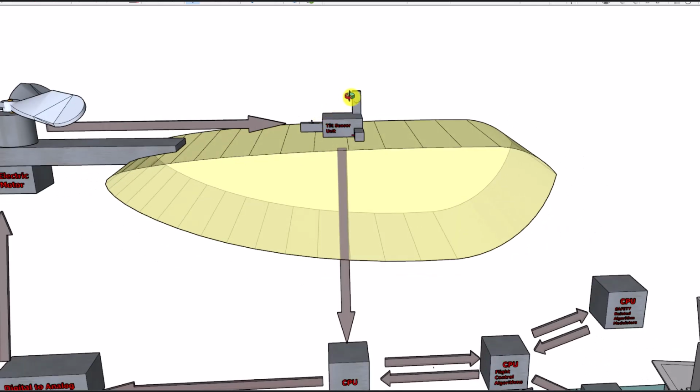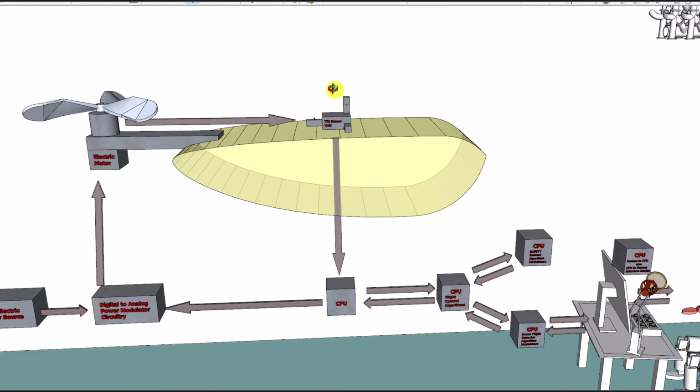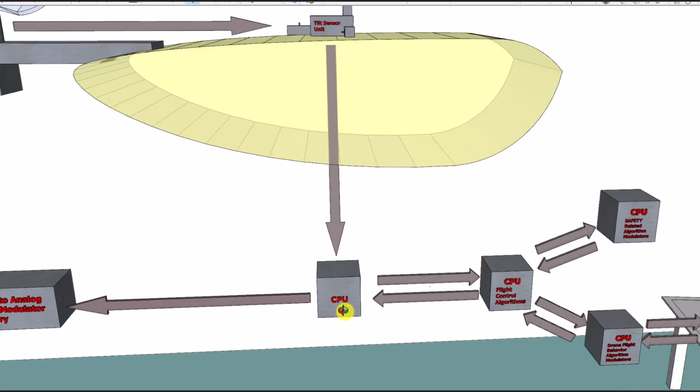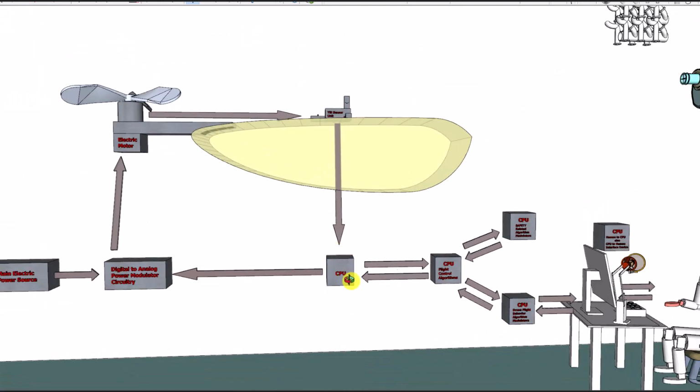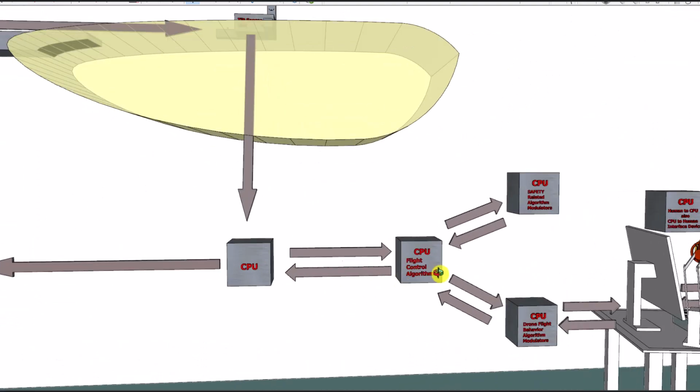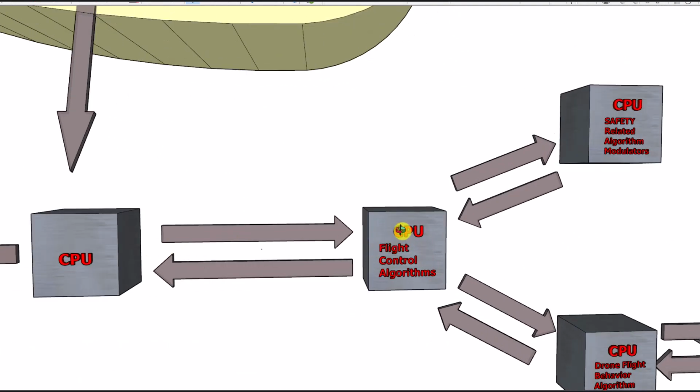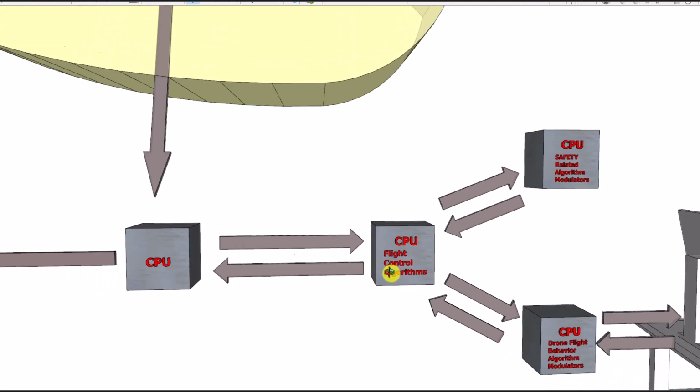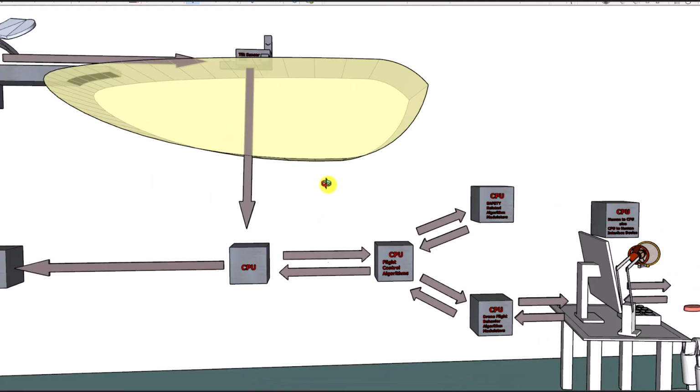The value from this obtaining of sensory information is sent down to the central processing unit. The central processing unit then talks to the central processing unit area that has flight control algorithms that tell the central processing unit what these sensory values mean or what the importance of them is.